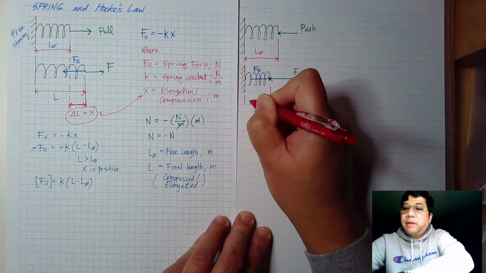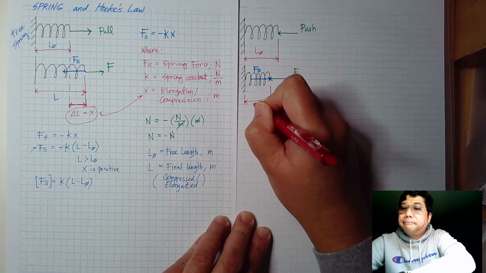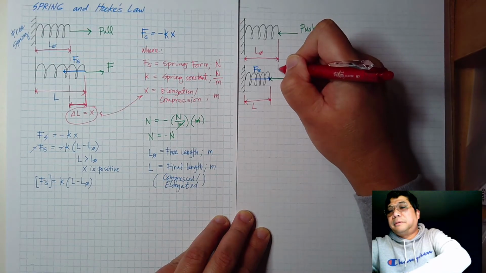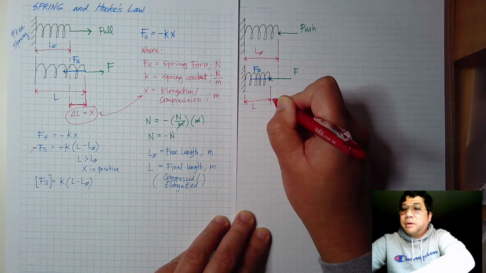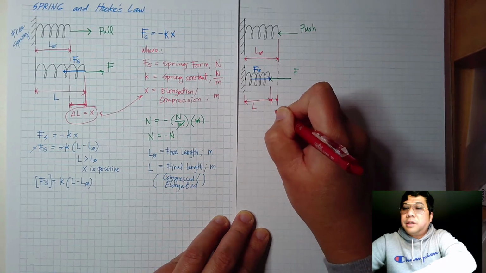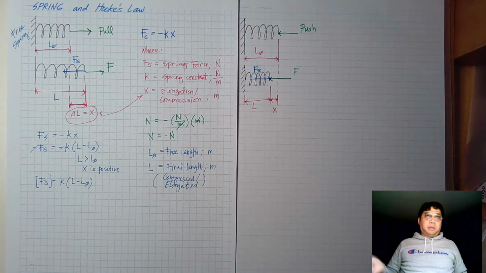So if this is my final length, it's a little bit crooked, but I think that will help a bit. So now this is our X, which is the change in the length of the spring.